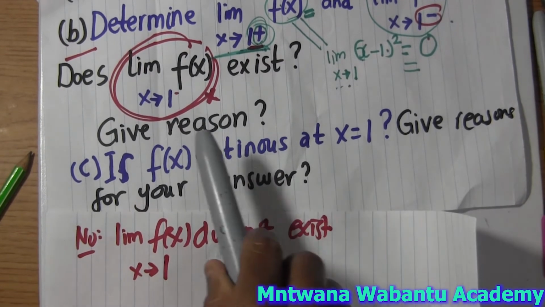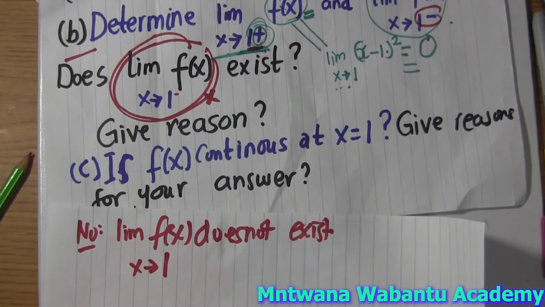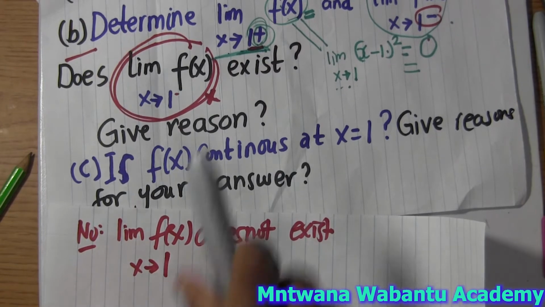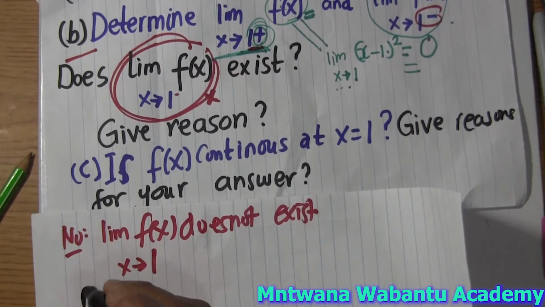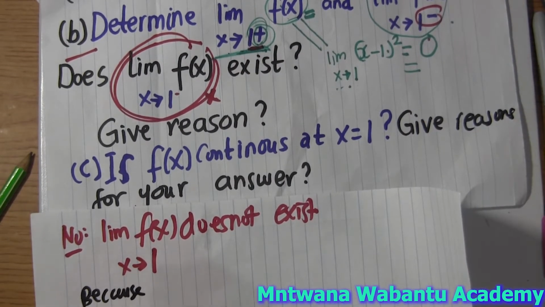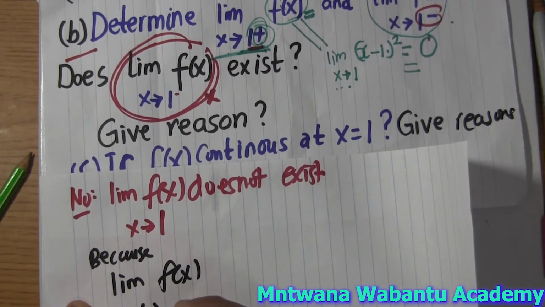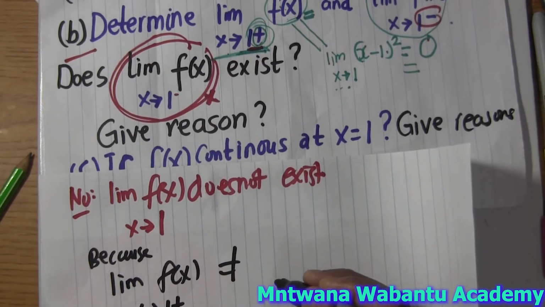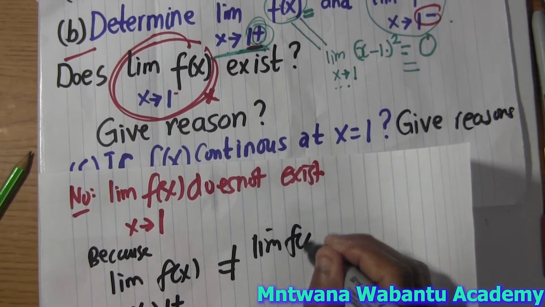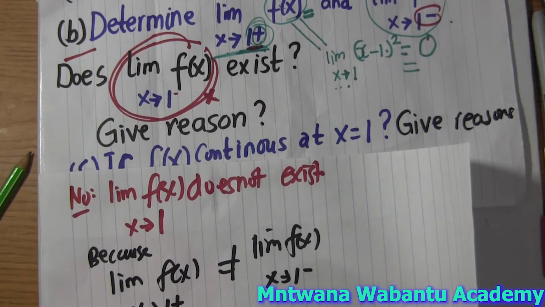You know why? Because the limit of f of x as x approaches 1 from the right is not equal to the limit of f of x as x approaches 1 from the left.